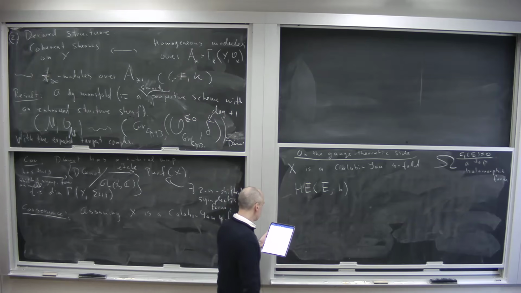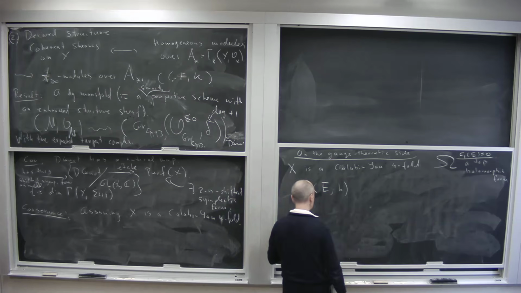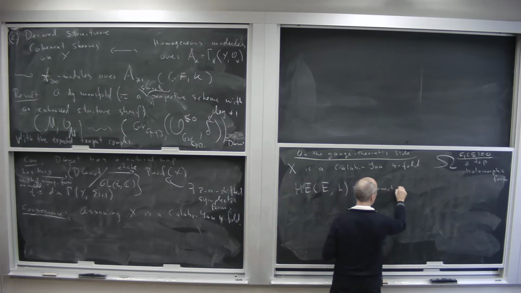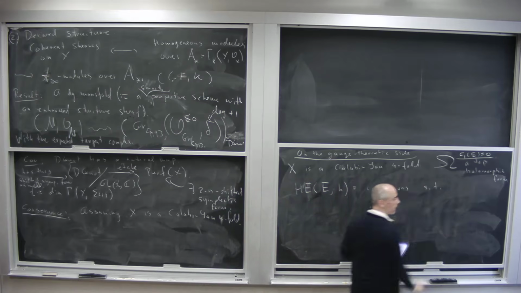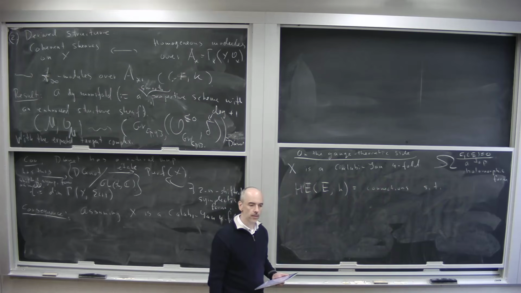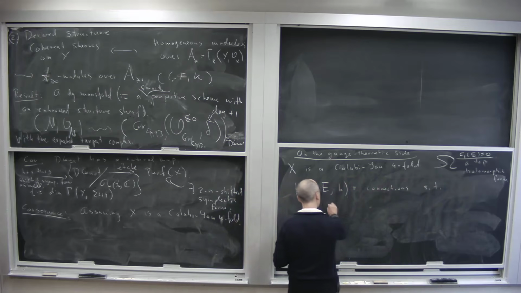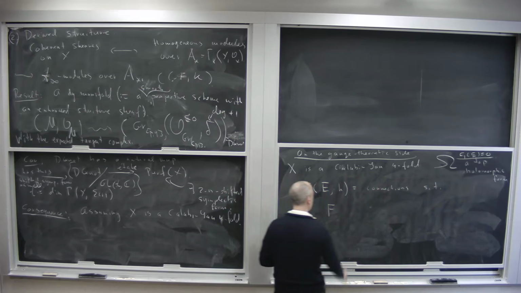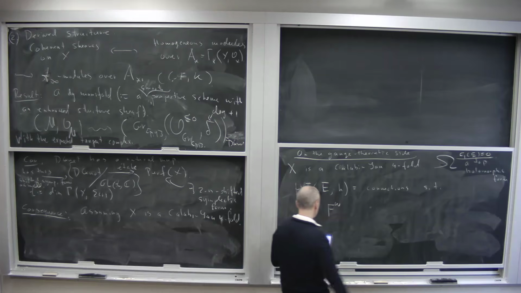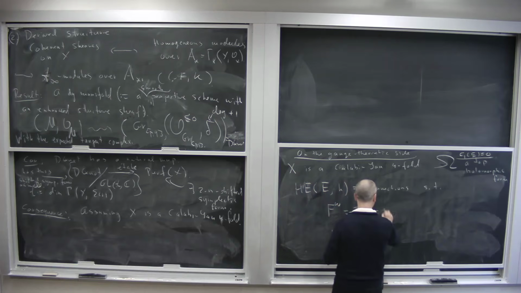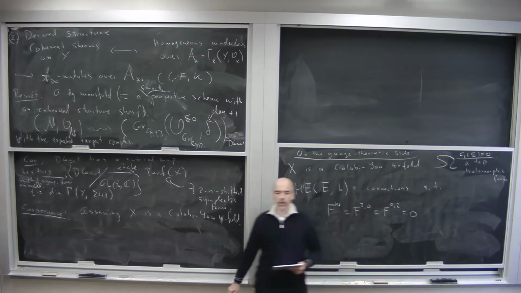Okay, so then I would like to classify them. So this will be connections, and all of the connections I'm considering here are Hermitian, such that the curvature, because we are on in particular a Kähler manifold, will have the primitive part, sorry, the form part, then the holomorphic part and the antiholomorphic part, and that is required to be 0.